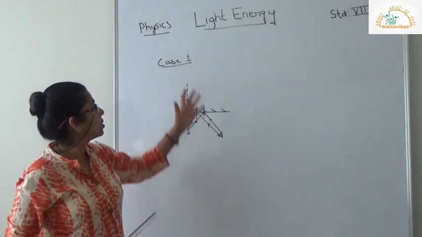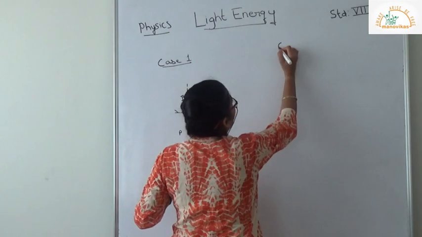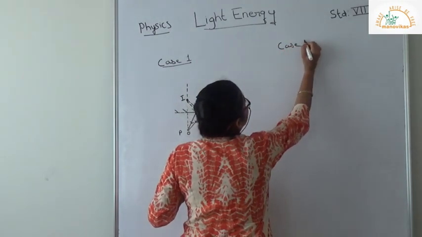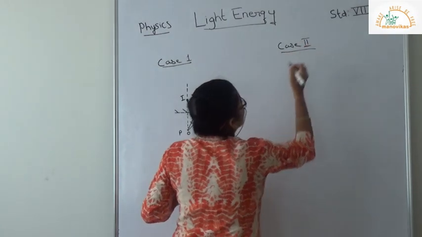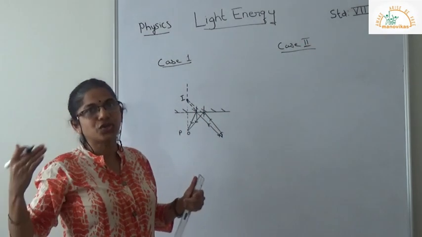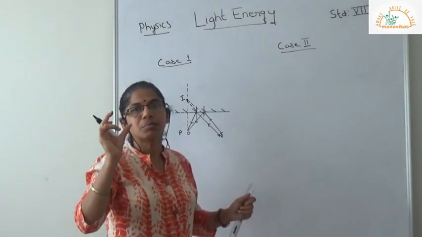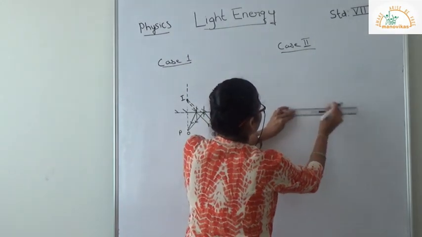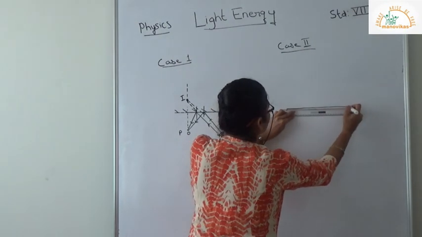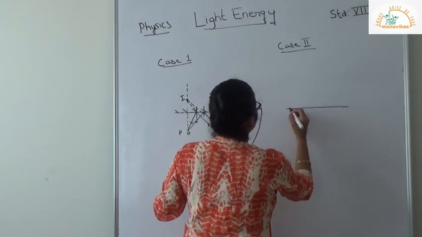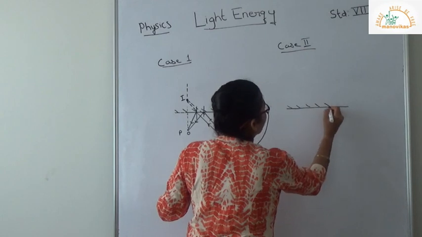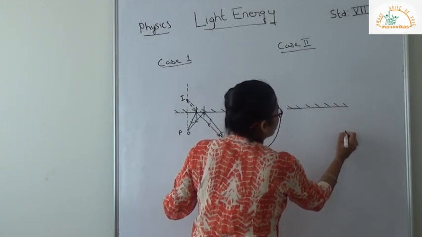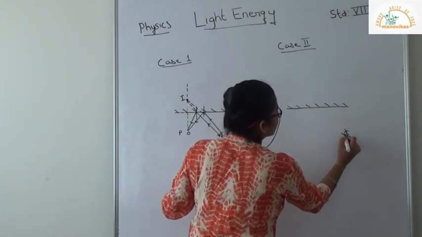Now suppose the second case is when the object is a larger object, like for example a pencil. I have an observer here observing.